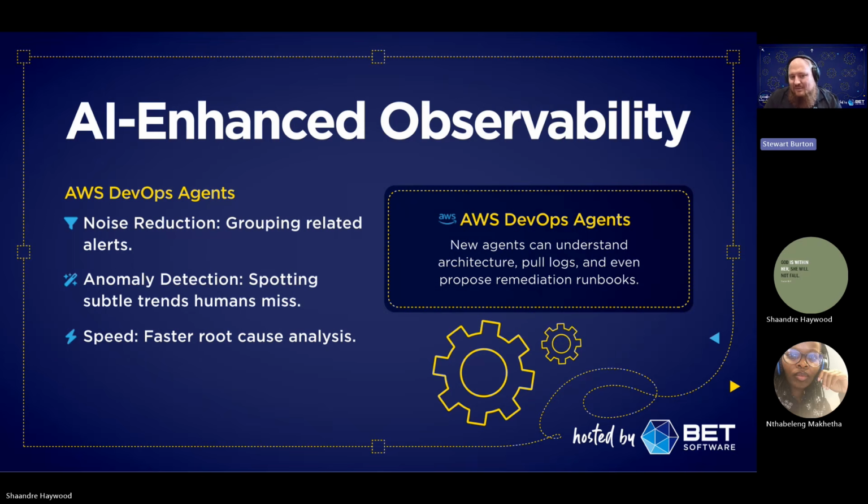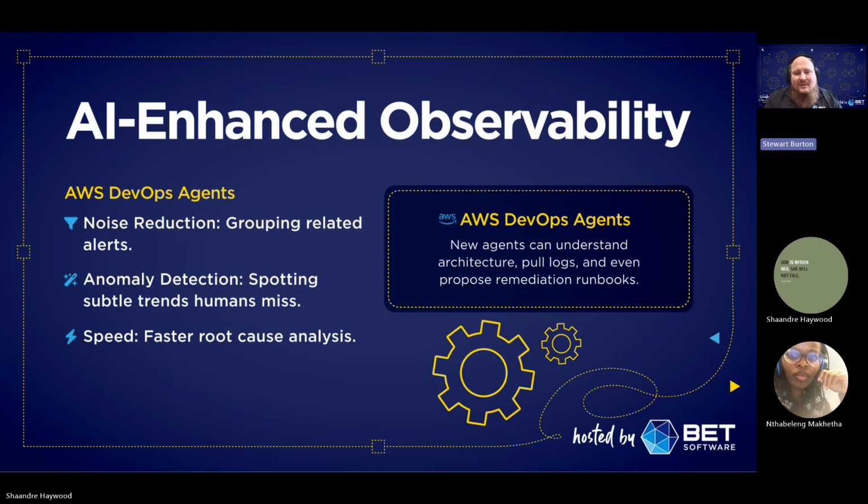They can detect issues humans may miss, and they can definitely speed up investigations by surfacing relevant graphs, logs, and changes related to your symptom. So I'm not saying it's a magic bullet, but I am definitely saying that it is a powerful augment for any on-call engineers.